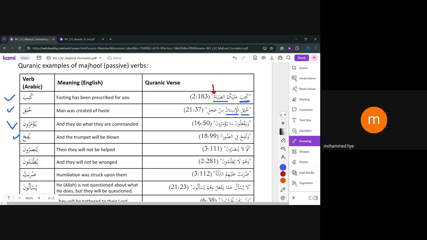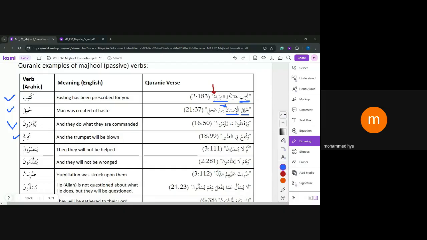Remember, Ustad has explained the first one: kutiba alaykumus siyamu. Originally it was siyama. But because now you've got madi majhul here, you change to siyamu with Dhamma ending. Similarly, khuliqal insanu. If it was just madi, khalaqal insana, that would be khalaqal insana.